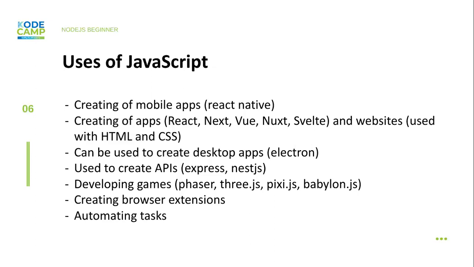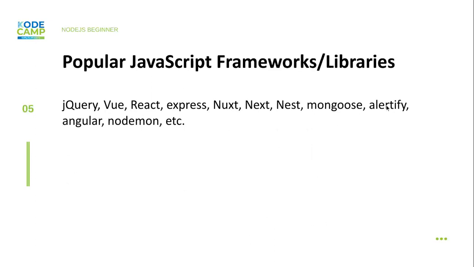So let me give an example of a library. Let's take Alertify, right? Let's say I'm building a website with HTML, CSS, JavaScript. When the user clicks on login, I make an API call, and his account doesn't exist, an alert should come up that this account doesn't exist.